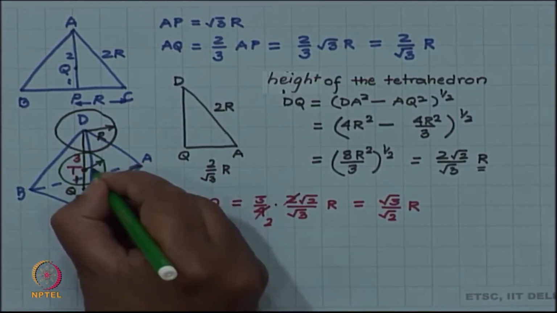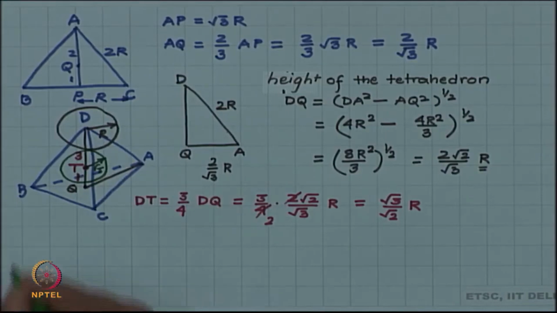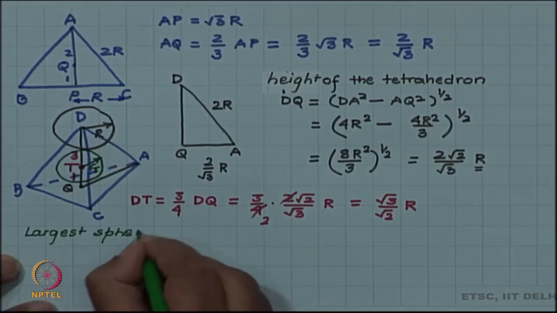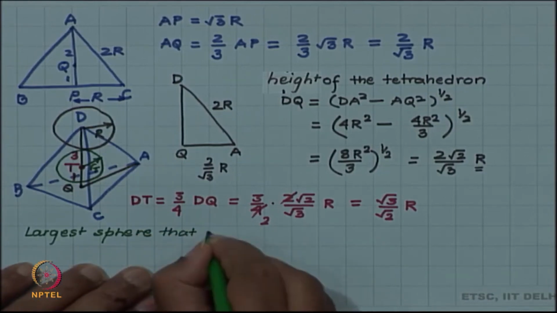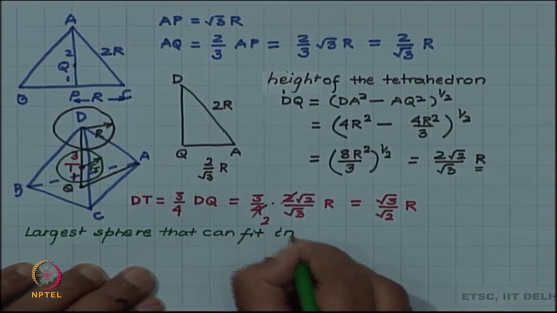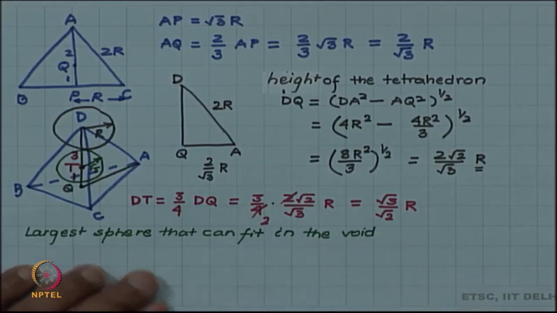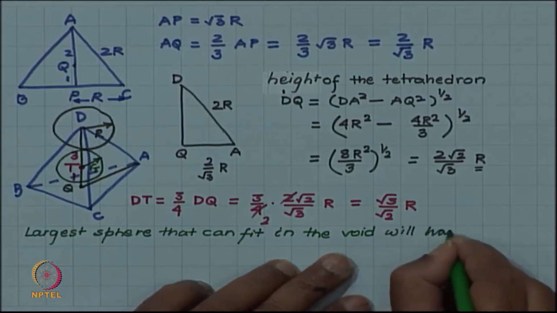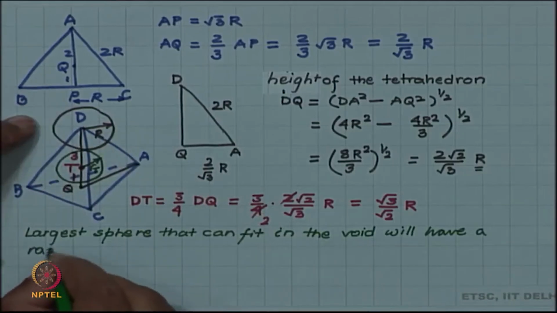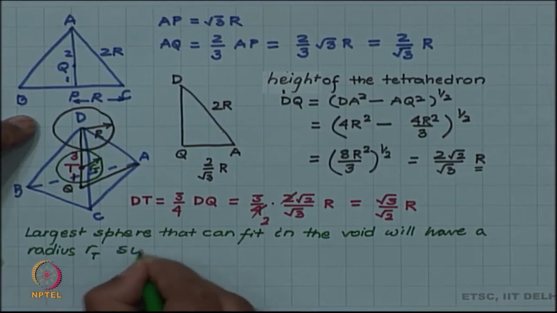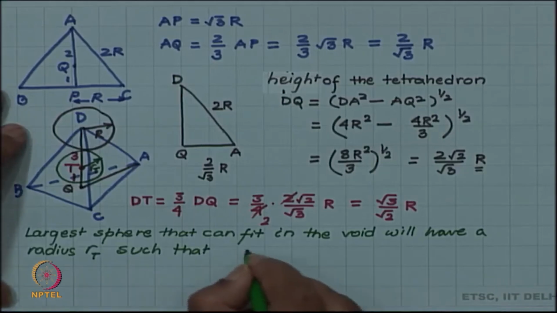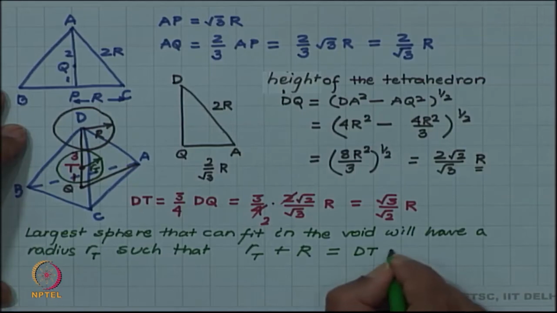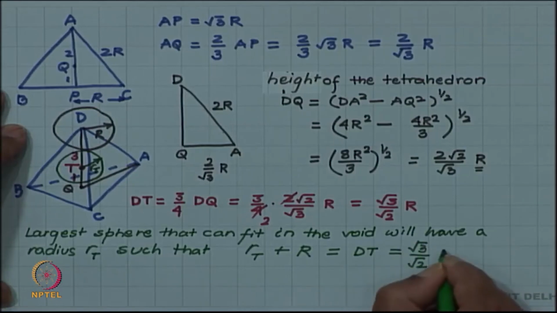So, this is the largest sphere, R T. The largest sphere that can fit in the void will have a radius R T such that R T plus R is equal to DT, which is root 3 by root 2 R.